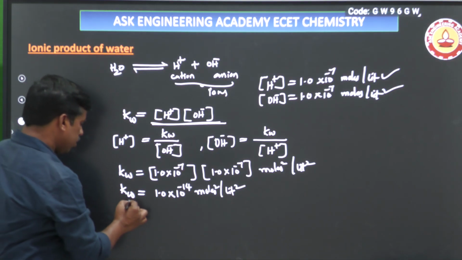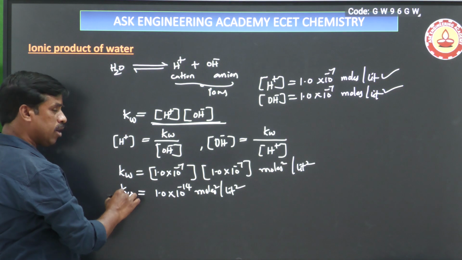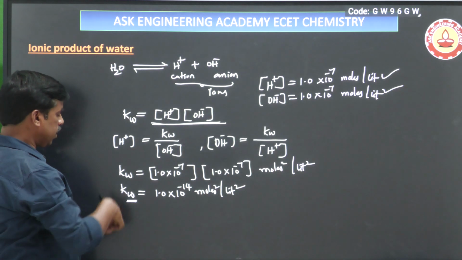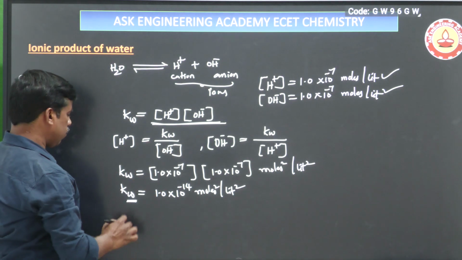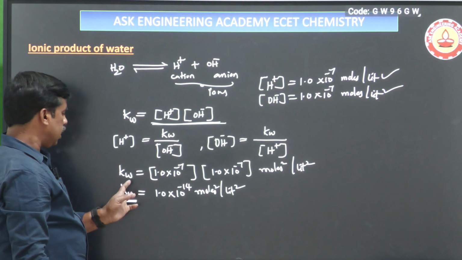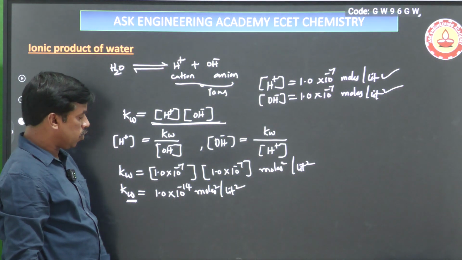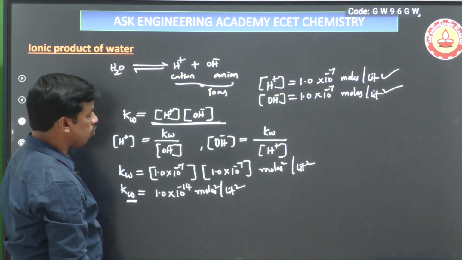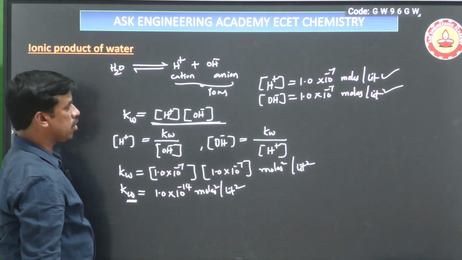Here W means water molecule, Kw of water. If you are using any other chemical, you write the first letter of that chemical with Kw. Kw means the equilibrium constant of water, equal to 1.0 into 10 to the power of minus 14 mole square per liter square. This is about the ionic product of water.